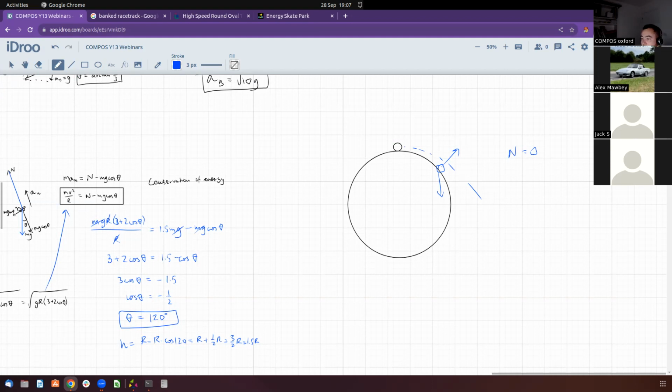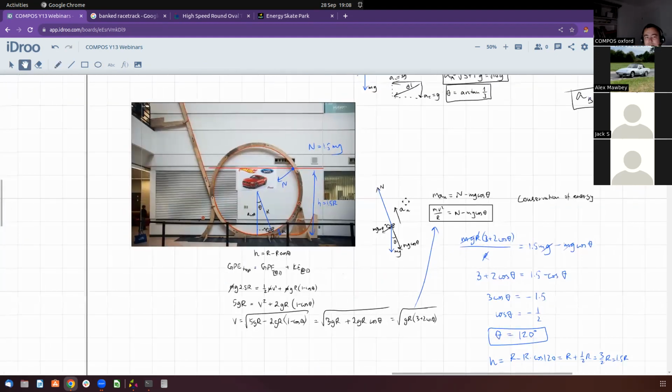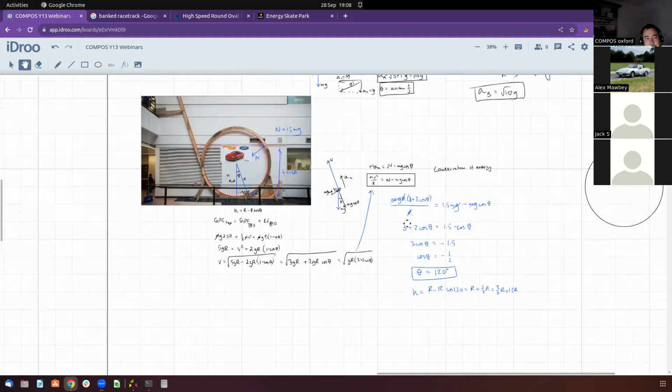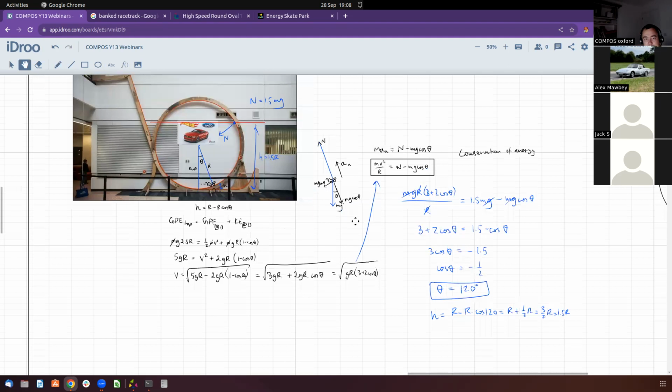If I am x high, will N equal x mg? What is N? I don't think so. No, I think it's a coincidence. It's a coincidence, but you can test this.